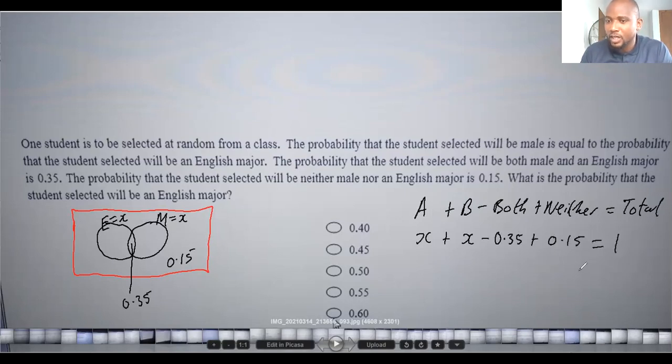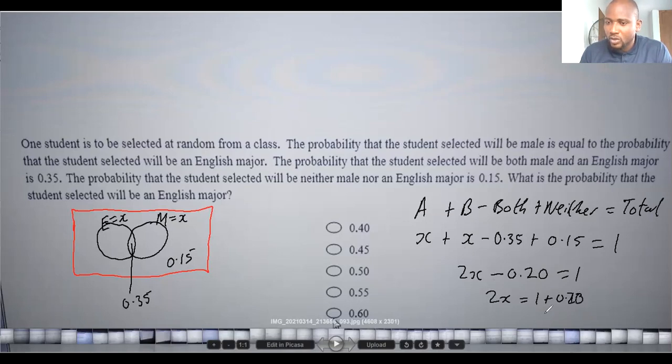The total probability is 1. When you work this out, this gives you 2X minus 0.20 equal to 1. When you take this over there, you have 2X equal to 1 plus 0.20.